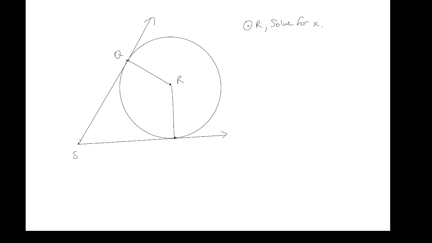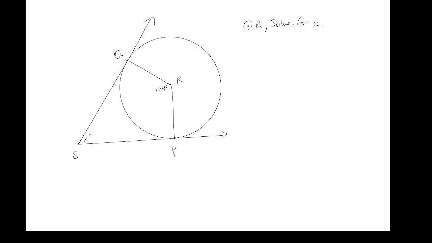This is point Q, this is point P, and this is 124 degrees. And this is x. That's all that we're given. We're given a central angle. That's it.